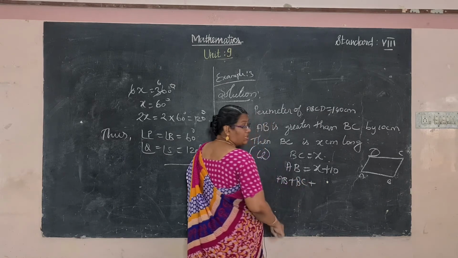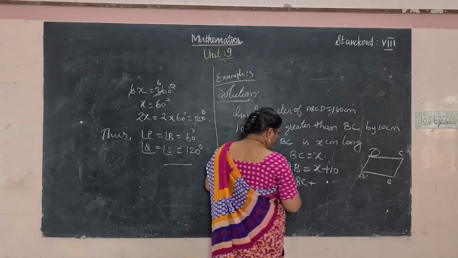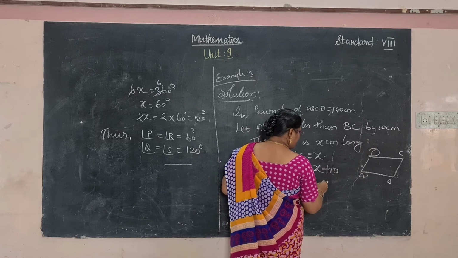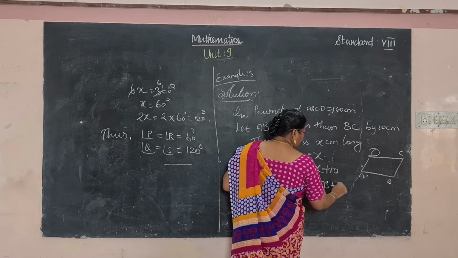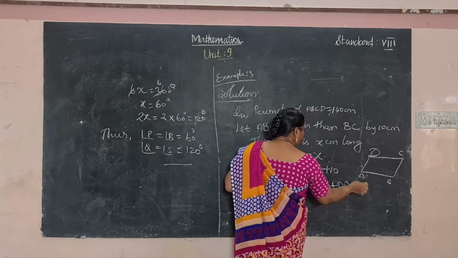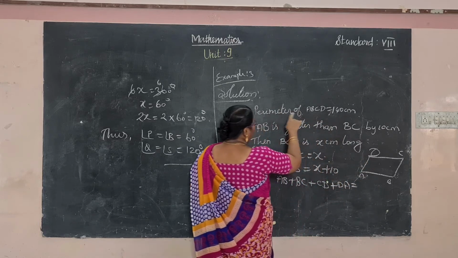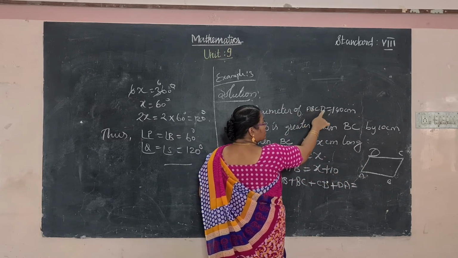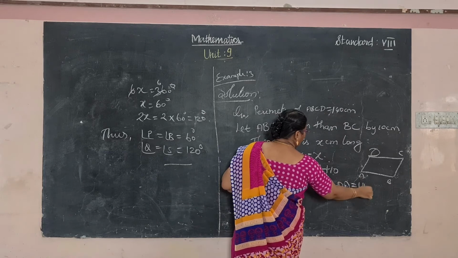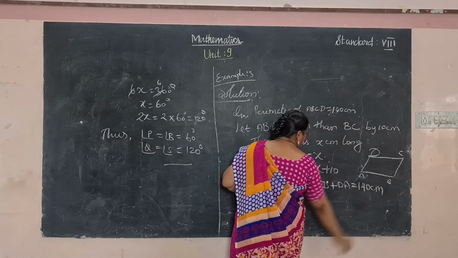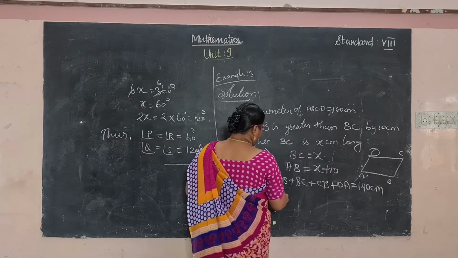Perimeter means sum of all the sides. So AB plus BC plus CD plus DA is equal to the perimeter of the parallelogram ABCD, which is 140 centimeters.